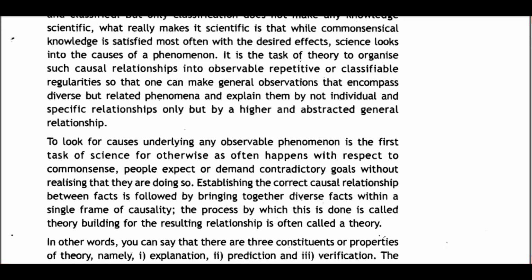It is the task of theory to organize such causal relationships into observable, repetitive or classifiable regularities so that one can make general observations that encompass diverse but related phenomena and explain them not by individual and specific relationships only, but by higher and abstracted general relationships.